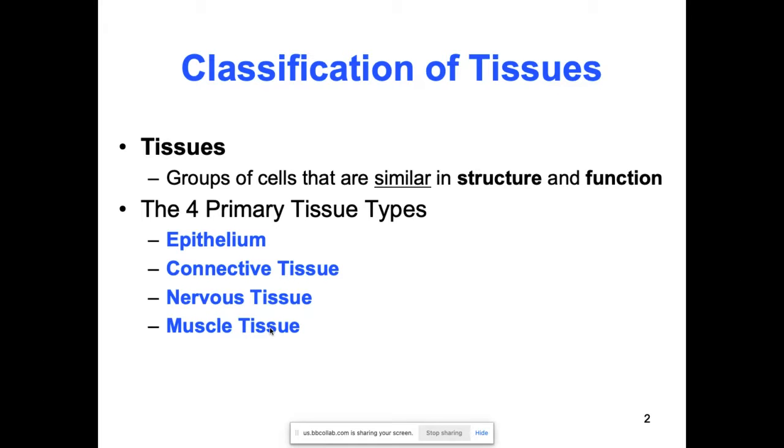And of those three, only one of them is voluntary, meaning you have voluntary conscious control over it, and that would be the skeletal muscle, right? You could think about contracting your biceps brachii to move your forearm, and you can do that. That's voluntary.